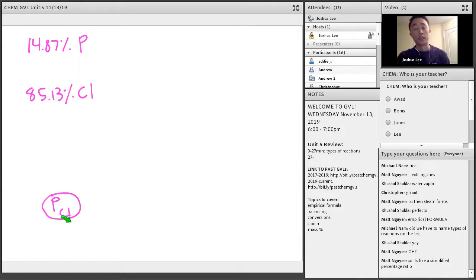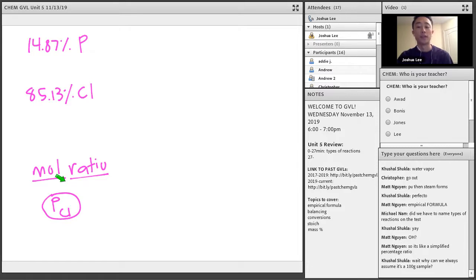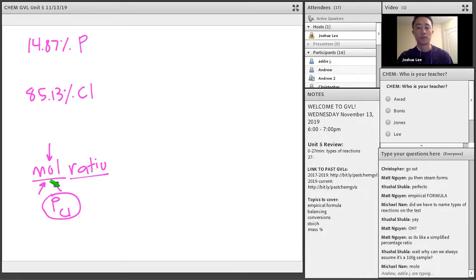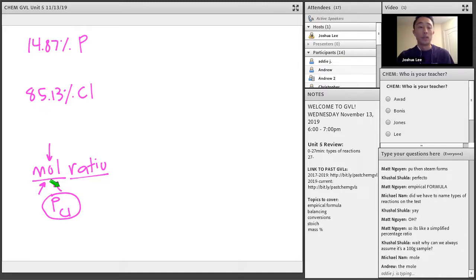So what you want to figure out is, all right, I want to know the ratio of all this. But anytime in chemistry you find ratio, typically you almost always will be finding the mole ratio. Meaning, what do we have to find? Yeah, you have to find the mole. You can always assume it's a 100-gram sample because you're just given a percent. So it actually doesn't matter how much you have. No matter how much you have, the ratio will still be the same.